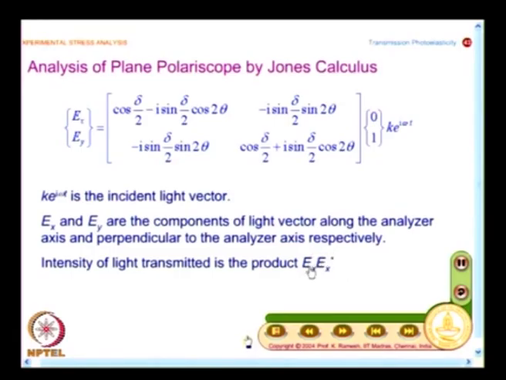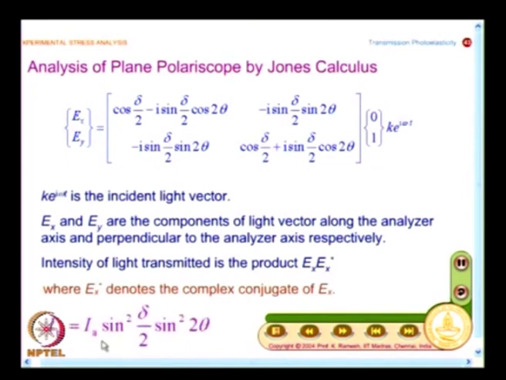And once I know Ex, I can easily find Ex star, and this matrix multiplication is very simple, and I get the expression for light simply as I a sin square delta by 2 sin square 2 theta, which is the same as what you got by trigonometric resolution, absolutely no change.